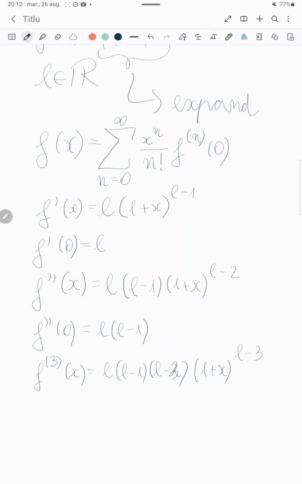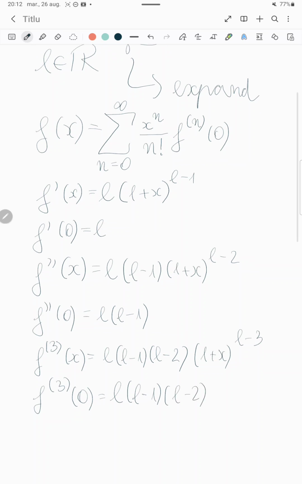I mean L minus 2 minus 1, which is L minus 3. At the point x equals 0, the third derivative of f is L times L minus 1 times L minus 2. Okay, so far so good.